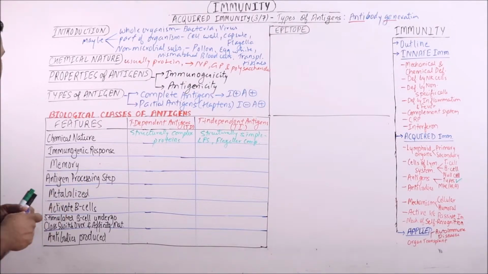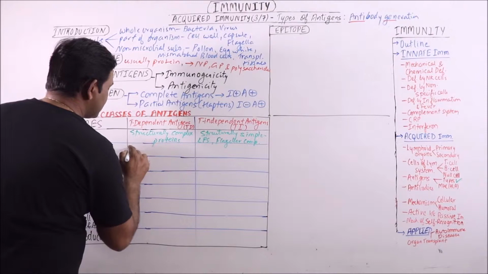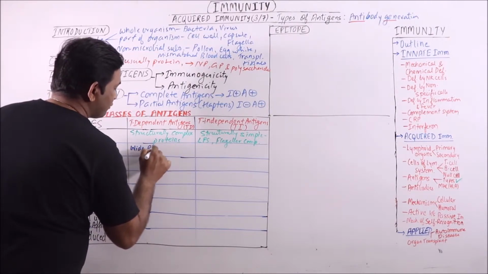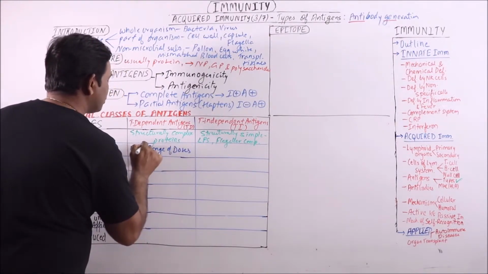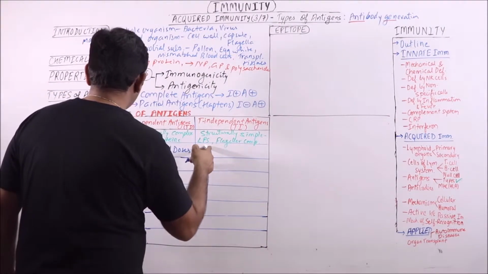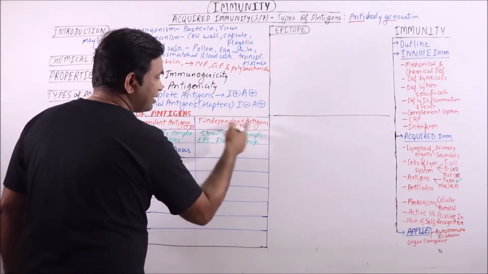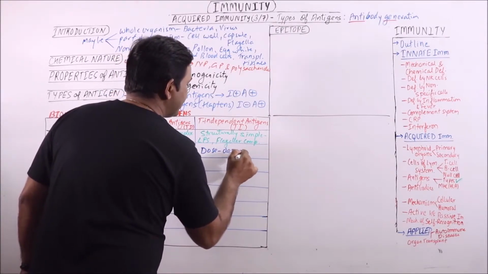Now immunologic or immunogenic response. Here is wide range of doses. It is over wide range of doses, while the immunogenic response for T independent antigens is dose dependent.